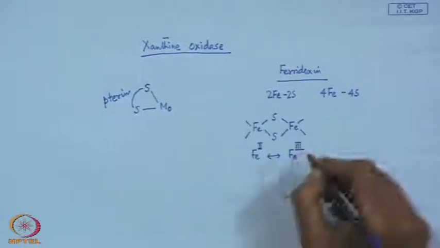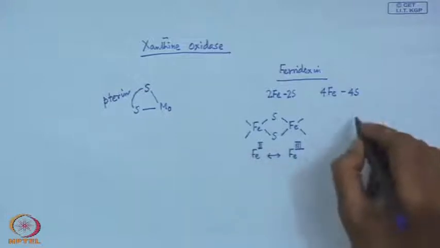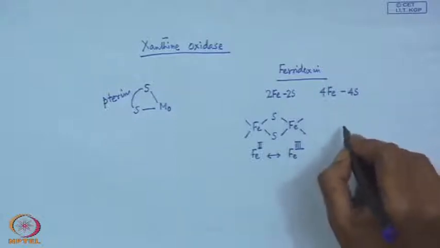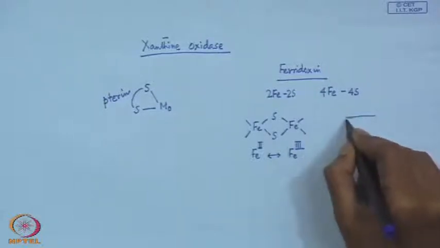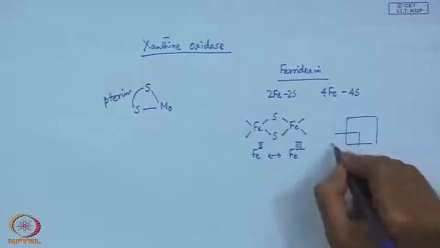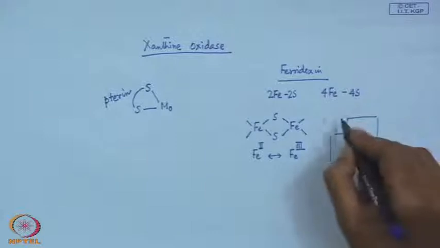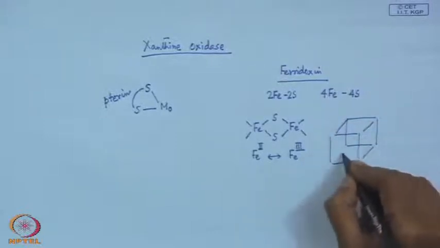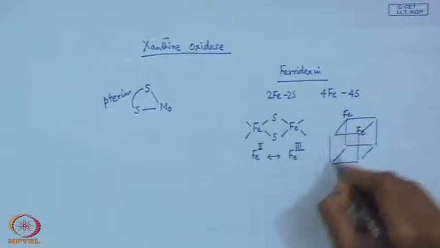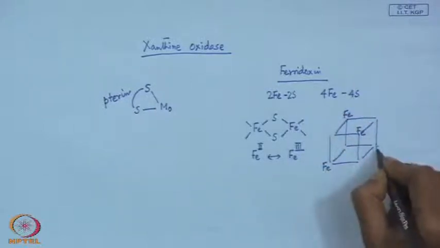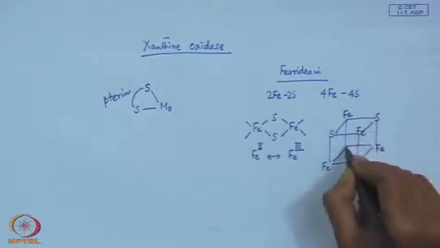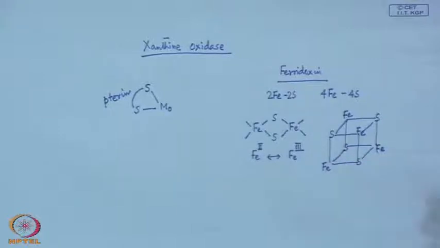So, you can take out an electron and you can put an electron into the system, but this one is giving much more electron, where you have a cube type of arrangement. We call it a cube-like 4 iron ferredoxin molecule. Alternate coordinates are occupied by iron atoms, and the other 4 positions belong to sulfur.